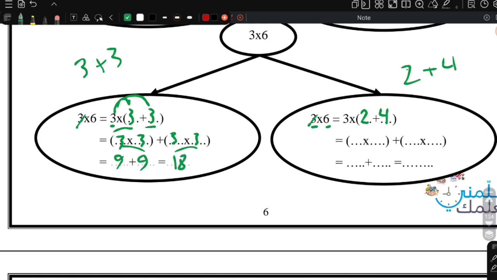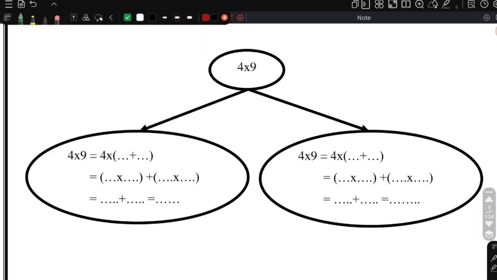Okay. The second one, 3 times 2 will be 6. And 3 times 4 will be 12. So the sum of two numbers must be 18. So this is the distributive property. Okay, you can test yourself by solving this problem.